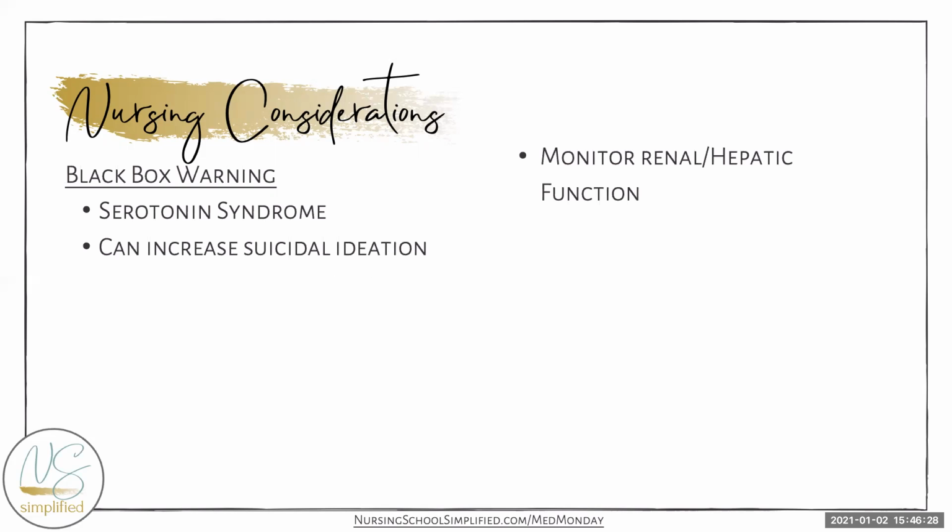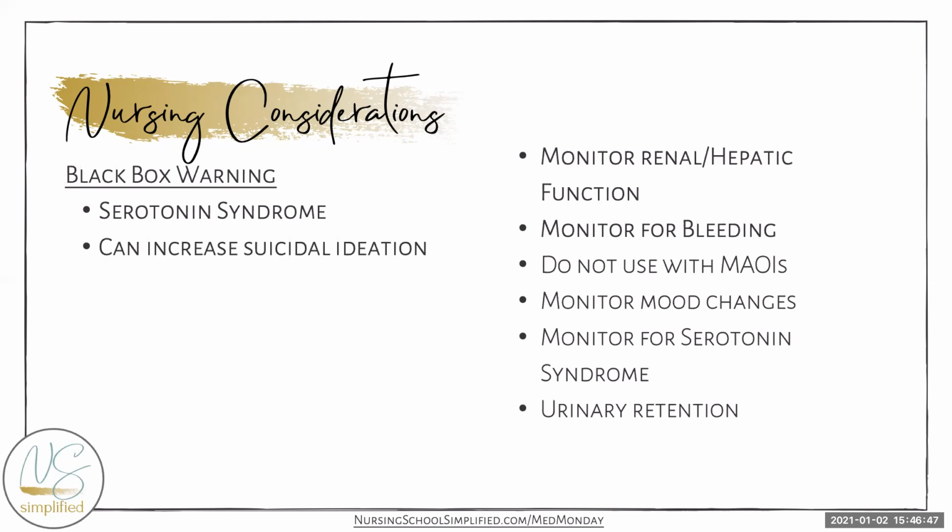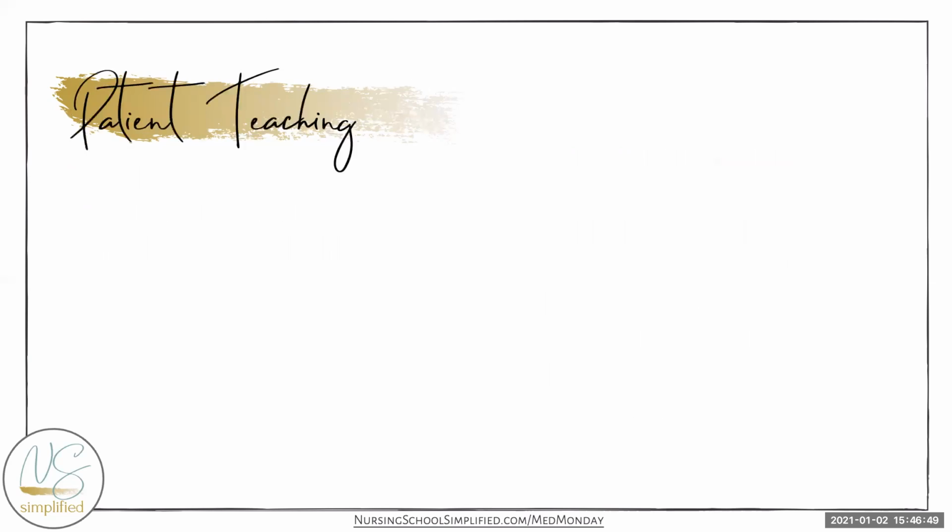We want to monitor the renal and hepatic function, so we want to check those labs. We want to monitor our patients for signs and symptoms of bleeding. We want to make sure that it's not used with MAOIs. We want to monitor for mood changes, and we want to monitor again for serotonin syndrome and urinary retention.